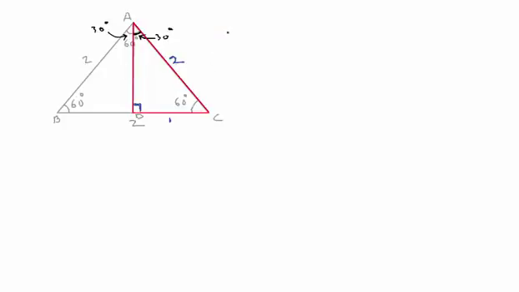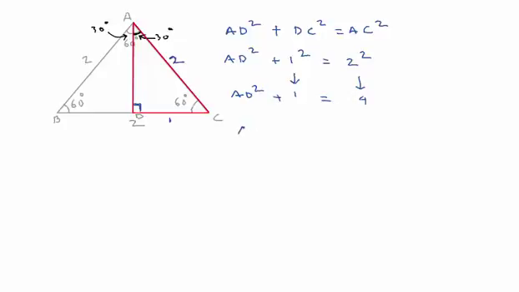So we could say that AD square, that is this length, square of that, plus DC square must be equal to AC square, or AD square plus 1 square is equal to 2 square. Now 1 square is 1 and 2 square is 4. So AD square plus 1 is equal to 4, therefore AD square must be equal to 4 minus 1, which is 3, and therefore AD is the square root of 3.